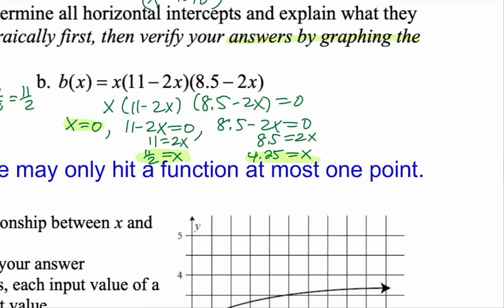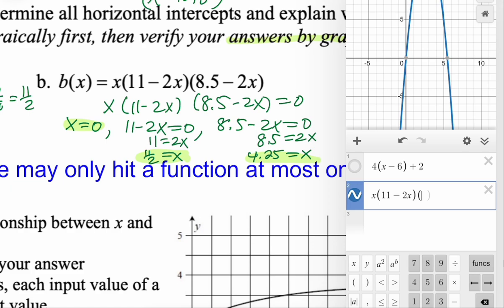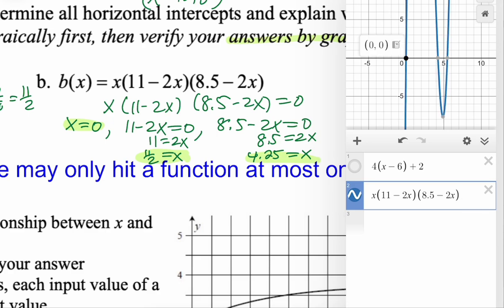So now, when we put the original equation in, you'll notice this equation hits the horizontal axis in 3 places.